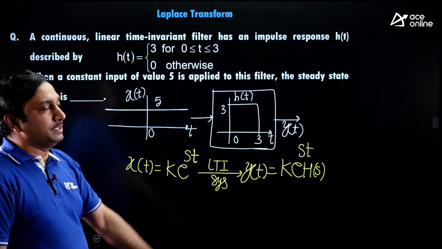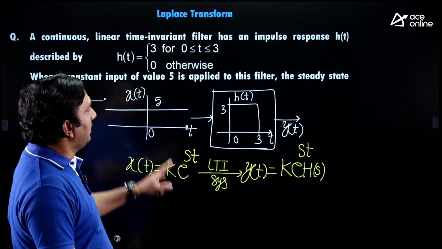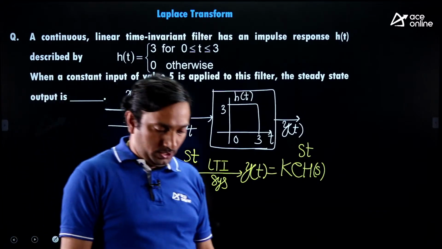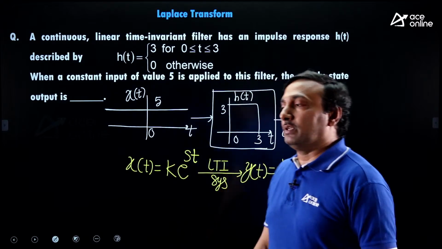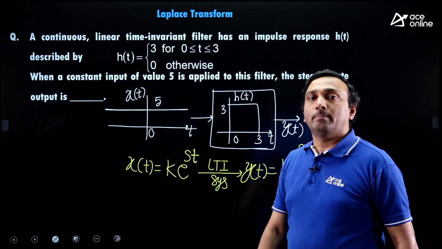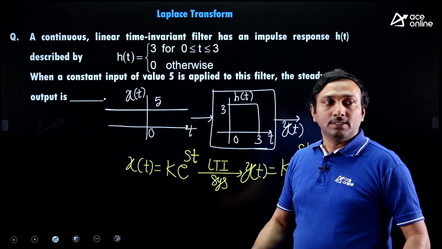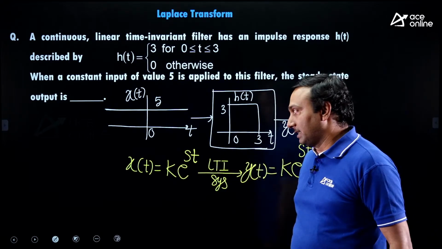With eigenfunction logic, you should answer that question. You should not treat 5 as simply 5 into u(t), as it is not mentioned in the question. Constant for all time, with respect to ROC logic, there is no Laplace. So we should answer that model by eigenfunction logic.